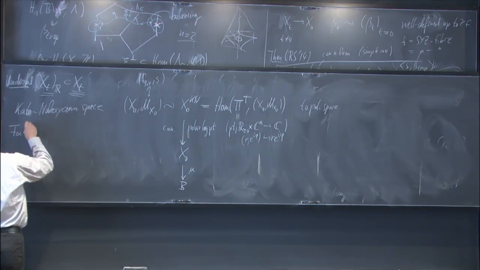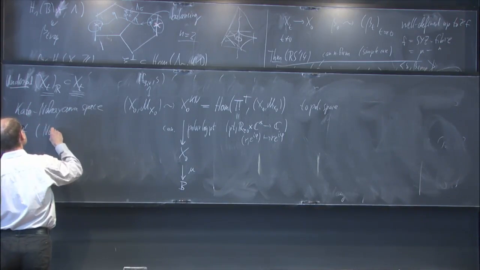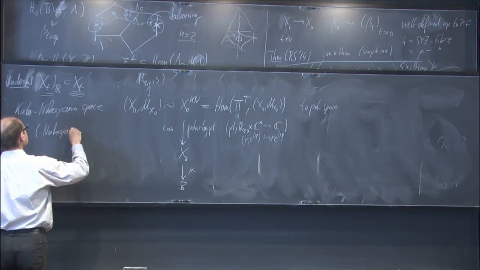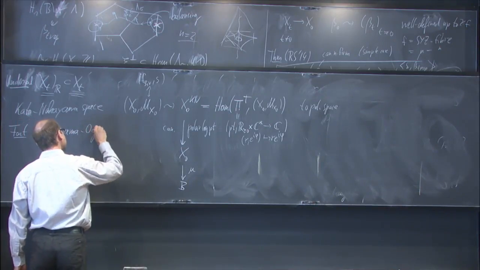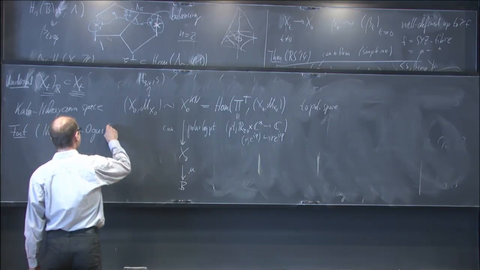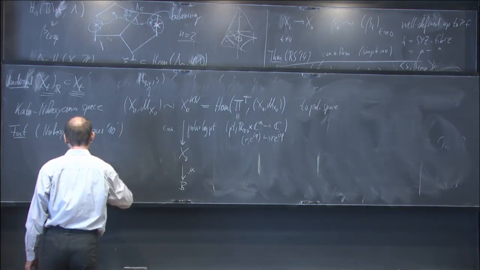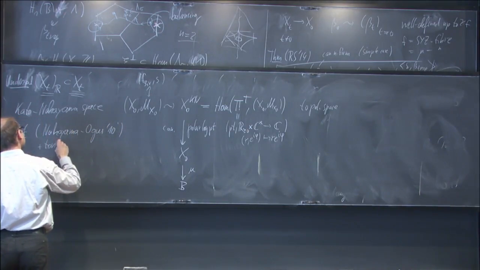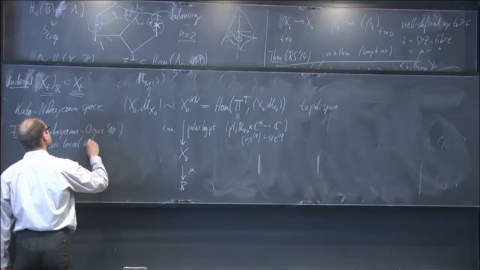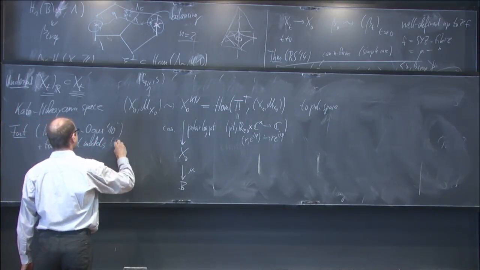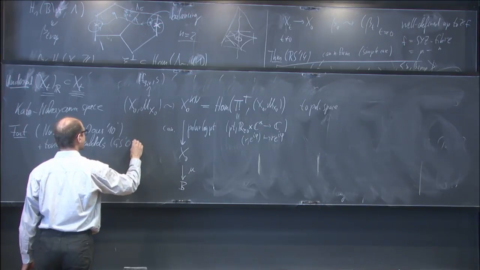Now, why are we interested in Kato-Nakayama spaces? The central fact is proved essentially by Nakayama and Ogus. Well, not essentially. It combines the fundamental result of Nakayama and Ogus in 2010, plus the toric local models established with Mark in our part 2.